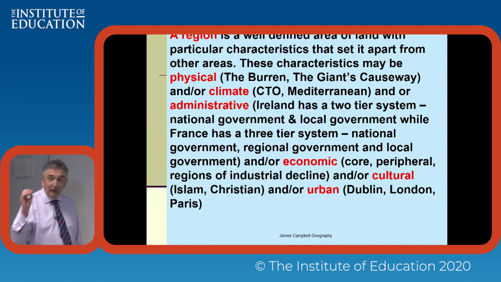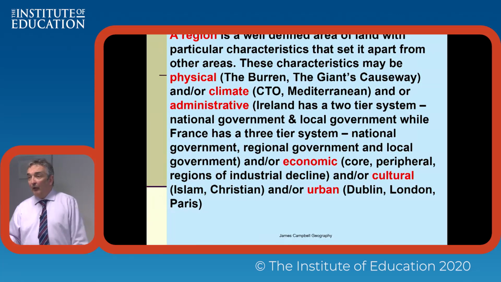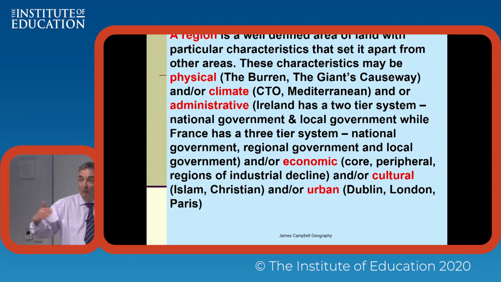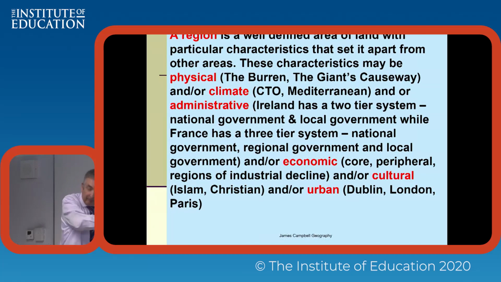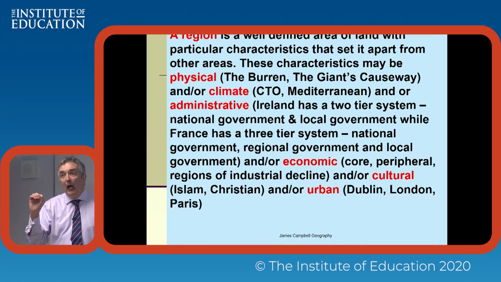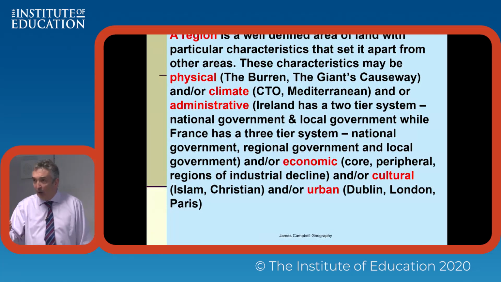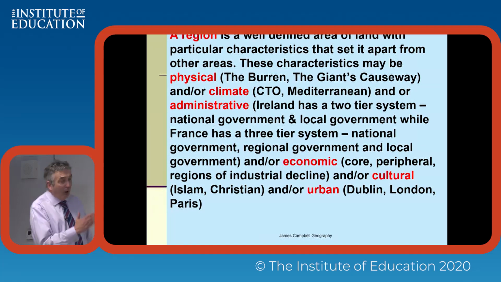They may be physical. We have physical regions, for example, different geomorphic regions. The Burren in County Clare, complete limestone. The Giant's Causeway in Northern Ireland up in Antrim, basalt. Different physical regions. We also have climatic regions.